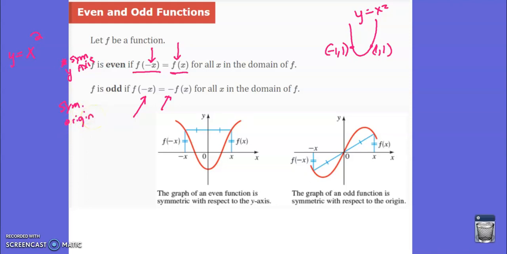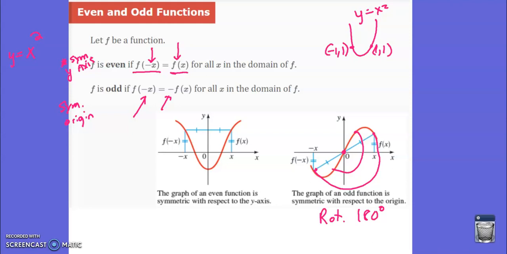One thing you might want to notice with the origin: if you think of it like a clock, you're rotating the object 180 degrees, or on a clock, 6 hours. If you take a point over here and rotate it, it ends up over here. Same thing with this point. You literally just rotate them 180 degrees. That's what the graph looks like.